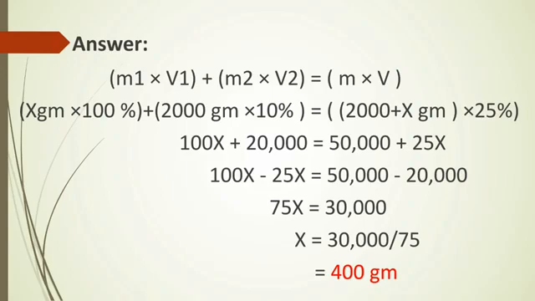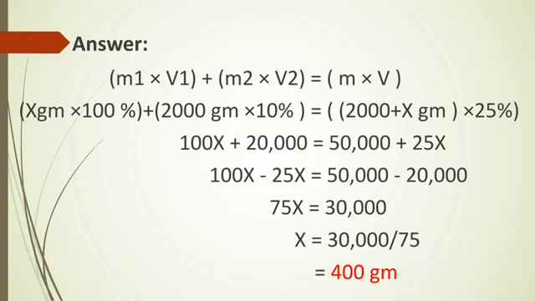So 2000 gram into 10%, that will be equal to 25% of total solution. So the total solution contains drug plus solvent. Okay, so X plus 2000 gram into 25%.